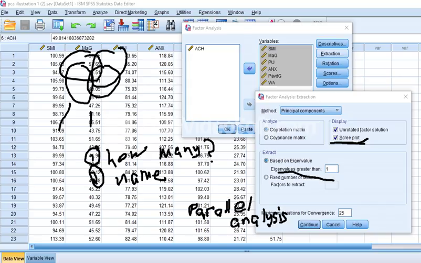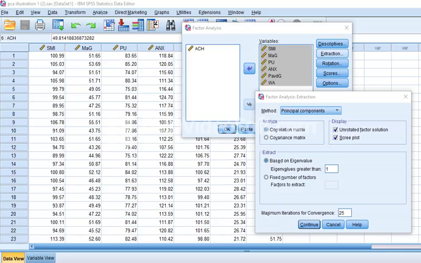An inability to name the components would also factor into the question of how many to retain. I know this was a long-winded discussion, but it's important because you have to make that decision first of how many components to retain.